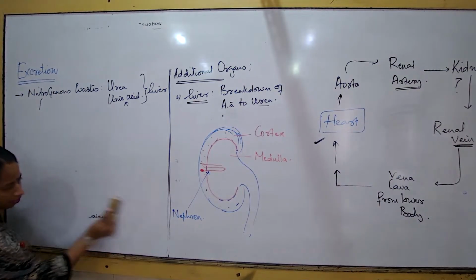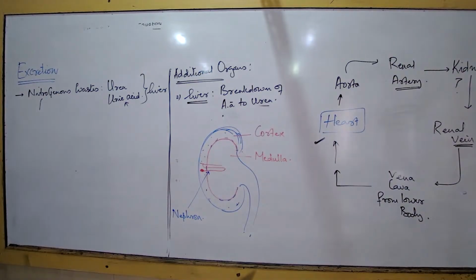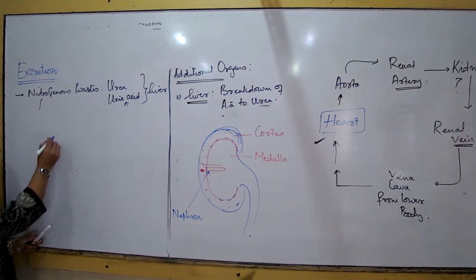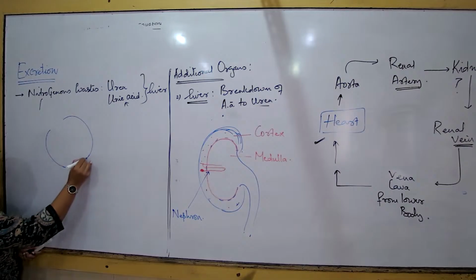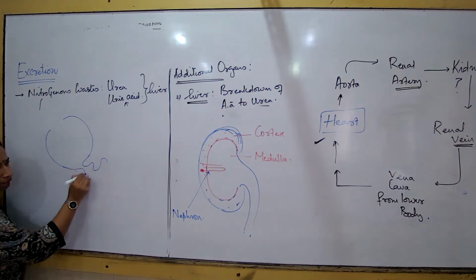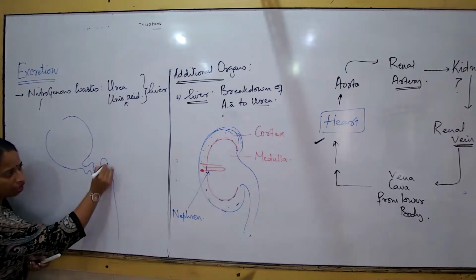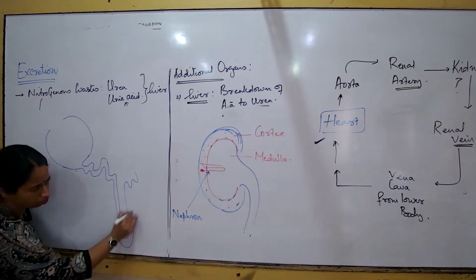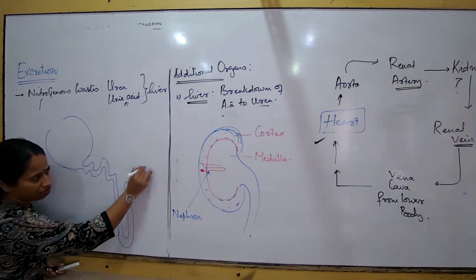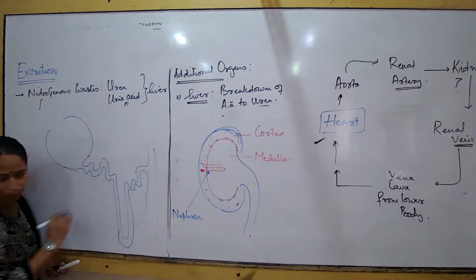Every single nephron will have a cup-shaped structure like this, and then followed by an extensively long tubular structure. And this extensively long tubular structure will emerge and then come out and end up this way.